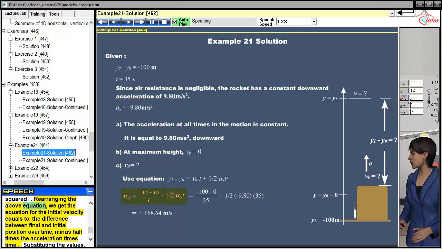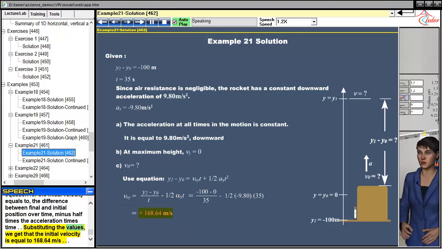Rearranging the above equation, we get the equation for the initial velocity equals the difference between final and initial position over time, minus half times the acceleration times time. Substituting the values, we get that the initial velocity is equal to 168.64 meters per second.